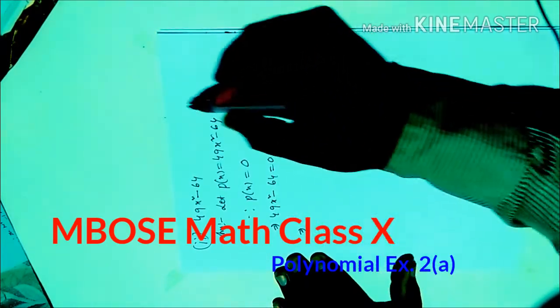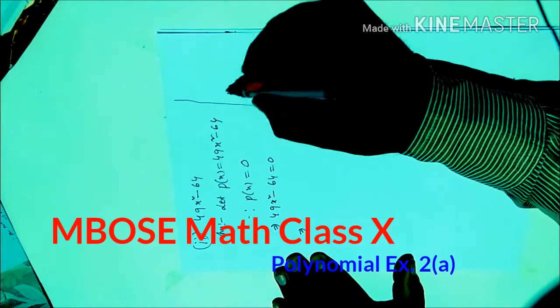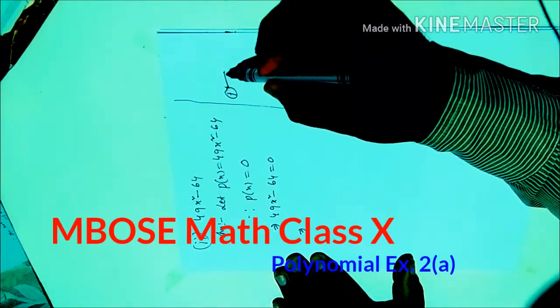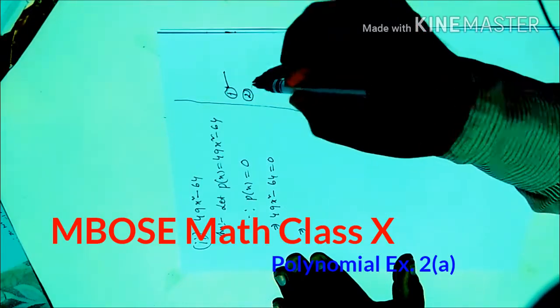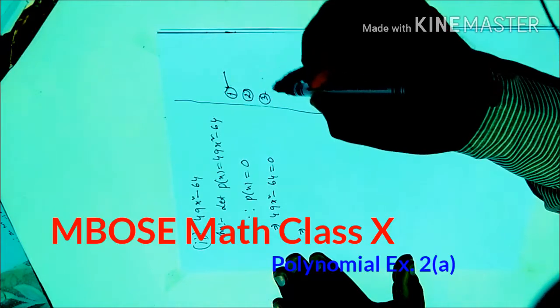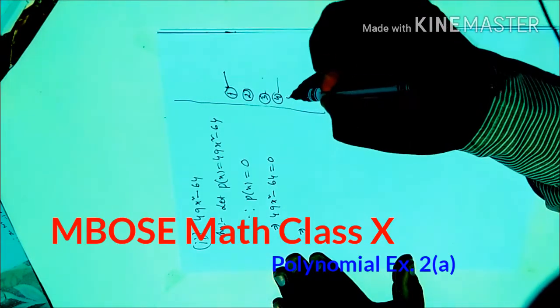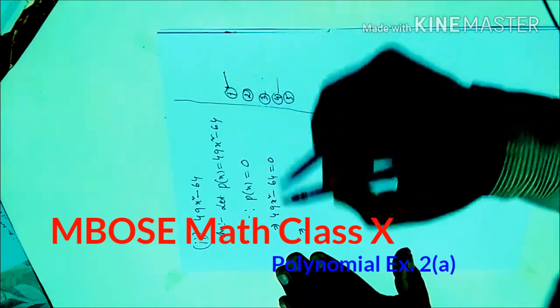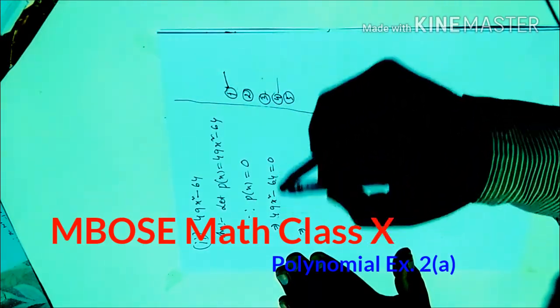So now we will apply the factorization rule. Just now I have given it on the previous page. What are the factorization rules? Number 1 is called the common method. Number 2 is called applying identities. Number 3 is splitting the middle term by using the quadratic formula, by the squaring method. You see here, is there a common between these two? No common.